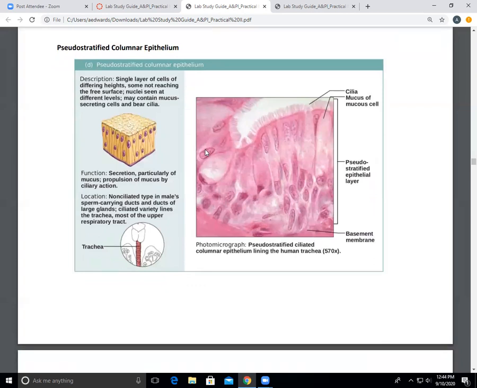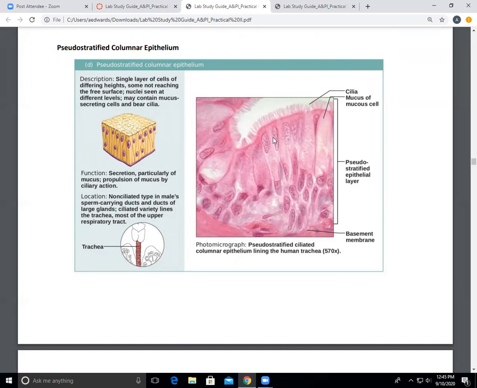All right, so if you ever see on a slide that it looks like some cells go all the way to the apical surface, some don't, that's pseudostratified columnar epithelium. And in this case, because they have cilia, these little hairs, it's pseudostratified ciliated columnar epithelium. Okay, but all the cells touch the basement membrane, but some of them don't reach the apical surface.